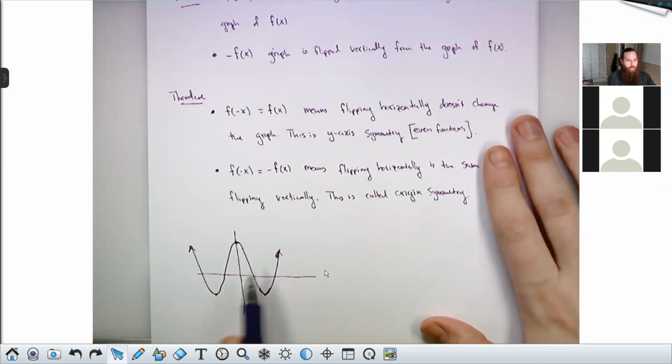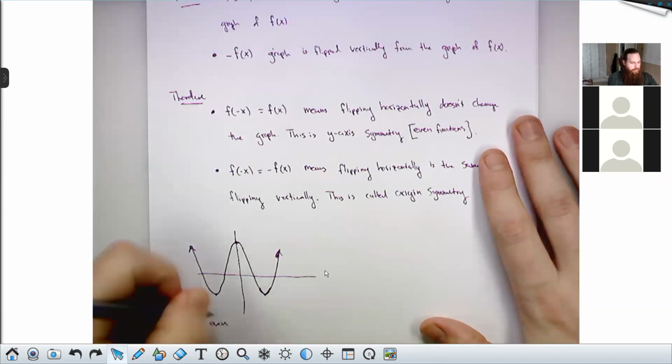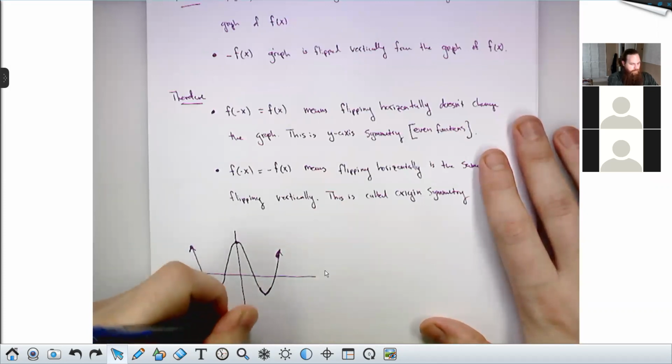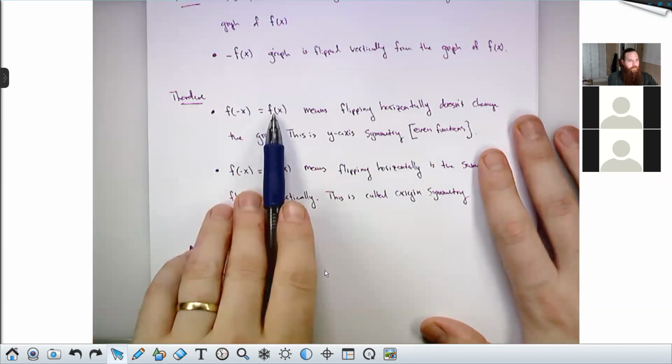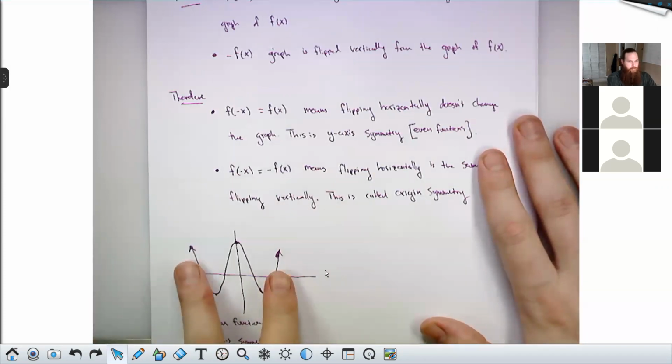Because if you flip him over the y-axis, he doesn't change, because f of negative x is the same as f of positive x. Flipping horizontally gives you f of x back.